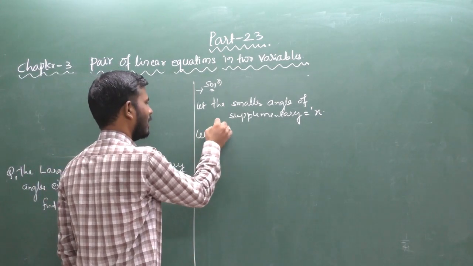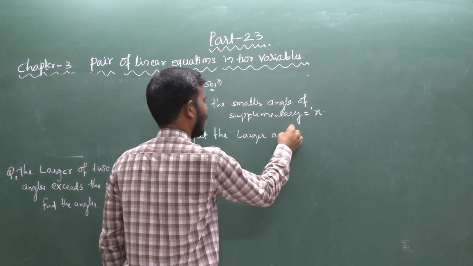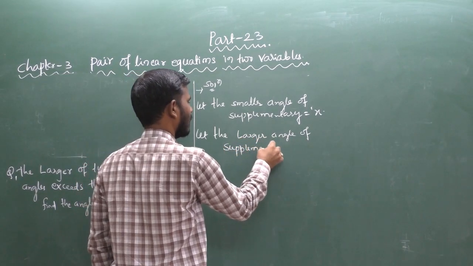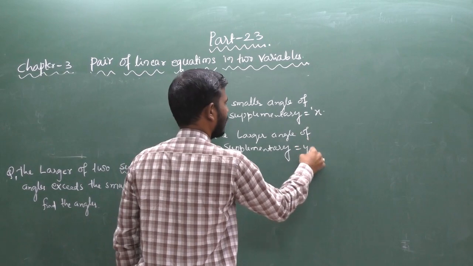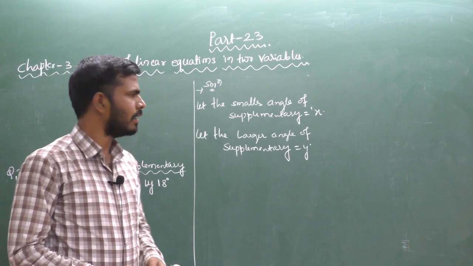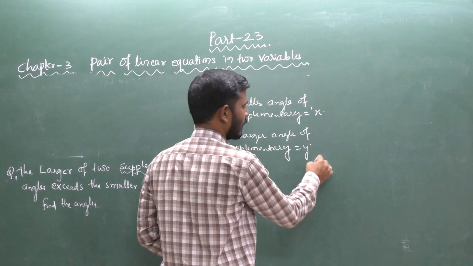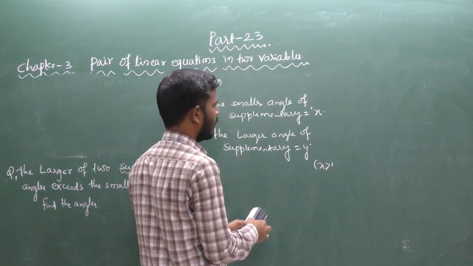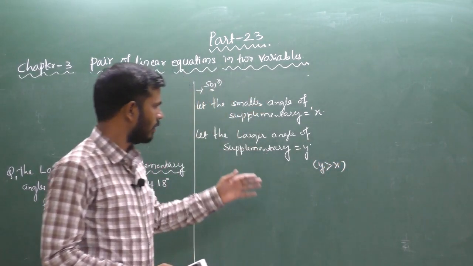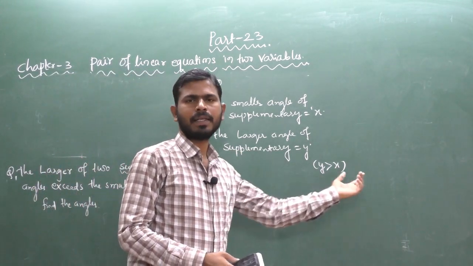Next condition: let the larger angle of the supplementary angles be y degrees. The larger angle is y degrees and the smaller angle is x degrees, so you can write y is greater than x. Here the smaller angle is x degrees and the larger angle is y degrees.